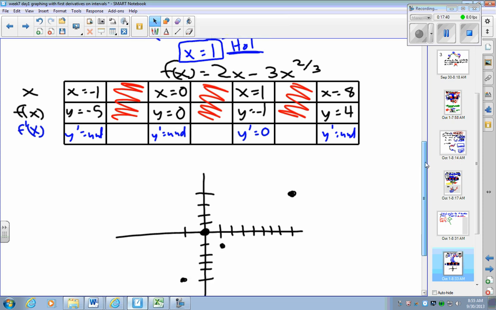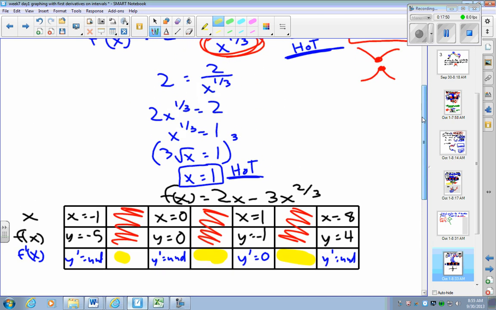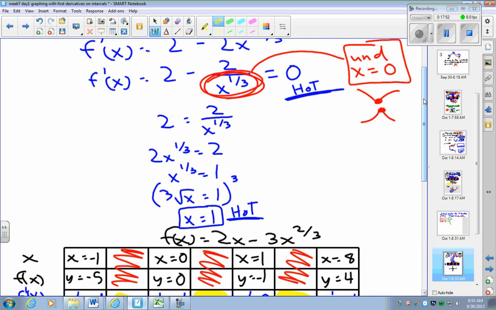Now, when you do your sign testing for this, you're going to have to sign test right with this guy and figure out what the values are, if they are positive or negative. Okay?